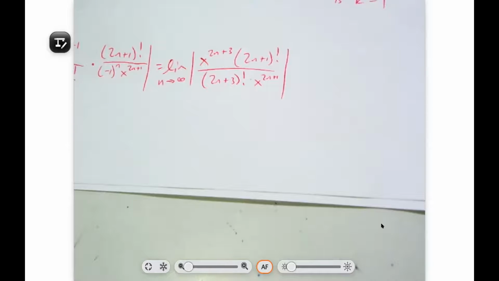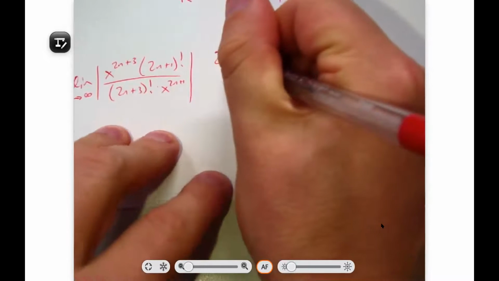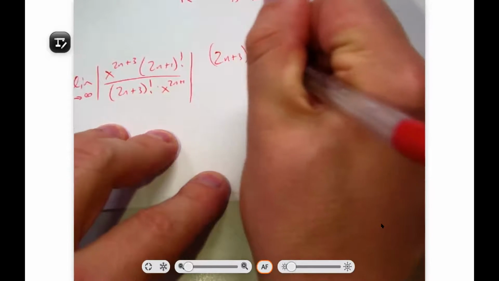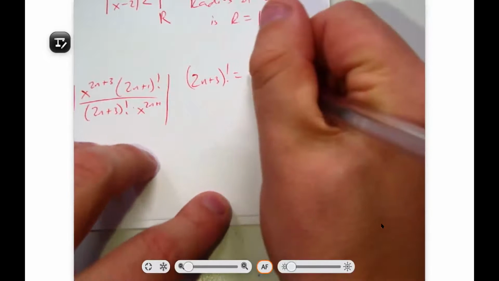So think of 2n plus 3 being the biggest term, right? So we got to start there. So 2n plus 3 factorial, you don't have to write this, but just to show you how this breaks down, is equal to 2n plus 3.